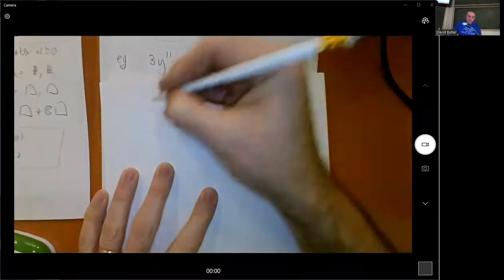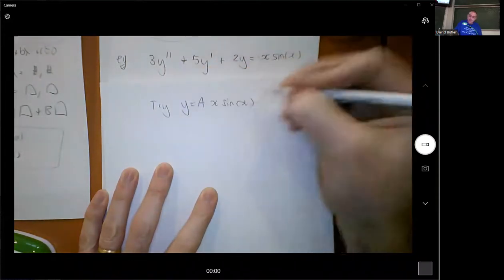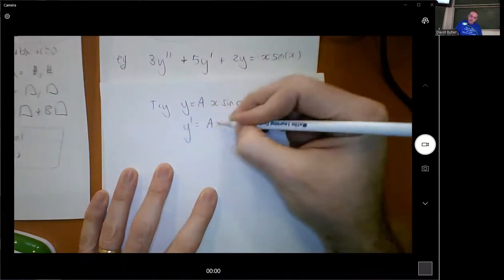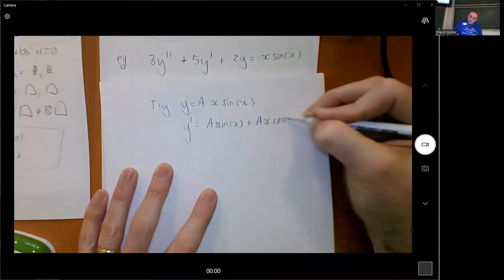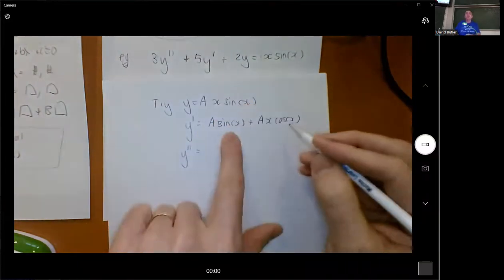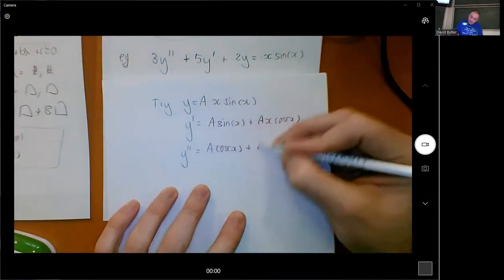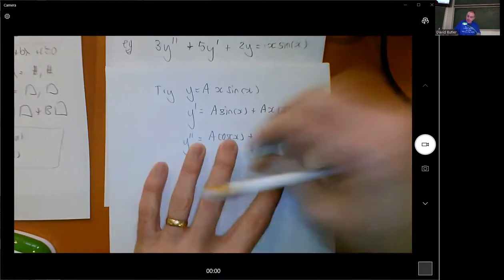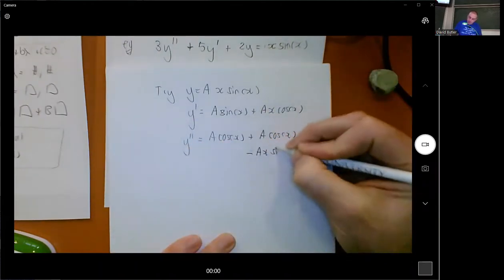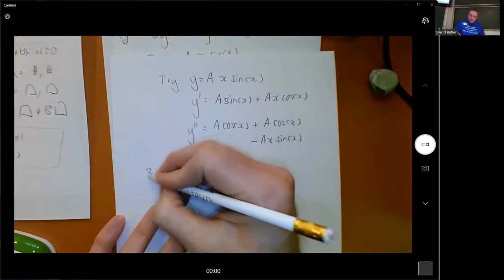Why don't we try it? That was the product rule. So 3y double dashed.